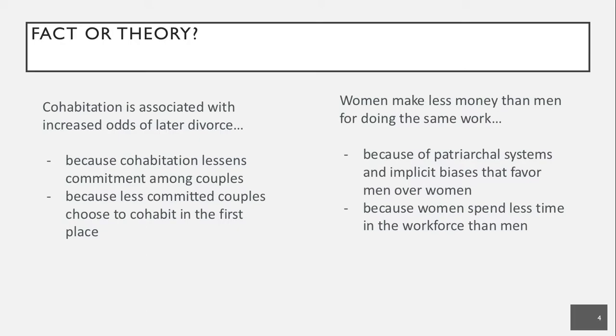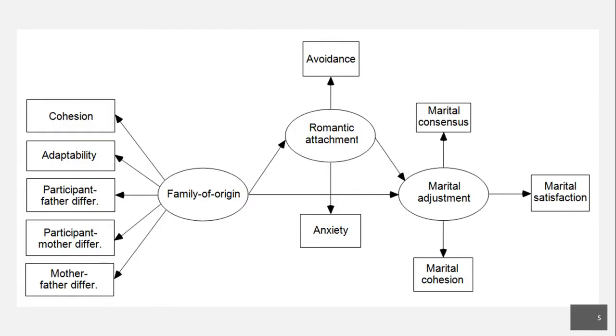So there can be a variety of theories explaining the same fact. And in social sciences, we always want to use theory to explain things and to make our hypotheses and to provide the context for understanding our findings when we do research.